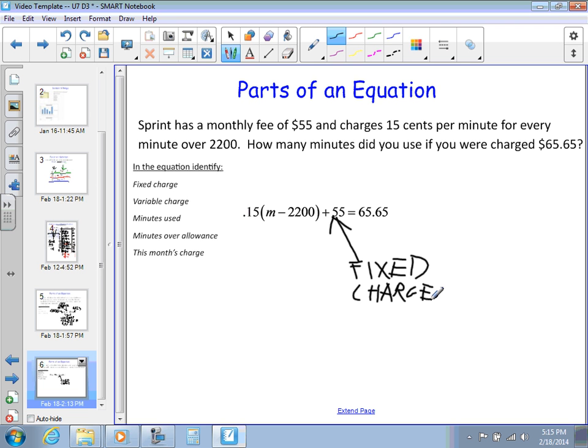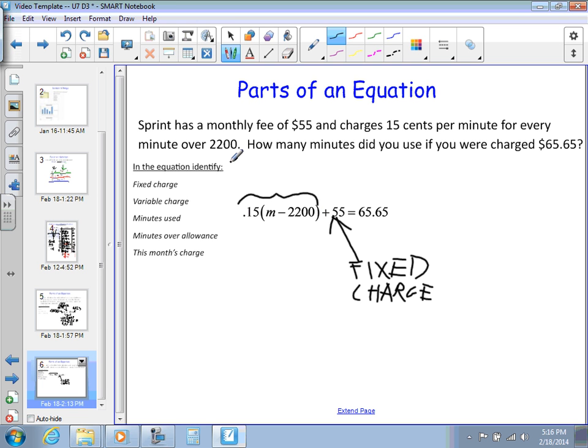The variable charge, on the other hand, would be the one that I get charged if I use my phone. So where is that at? Well, it's right here. It's the per minute charge times the number of minutes that I used over my allowance.